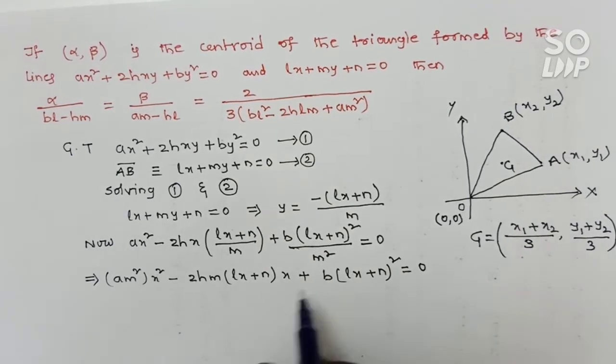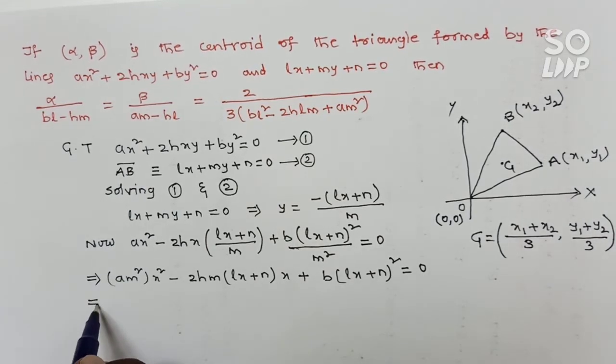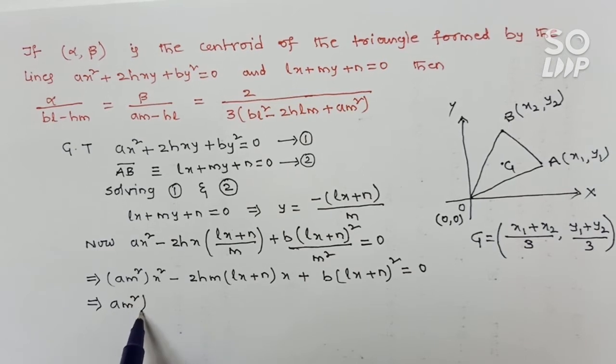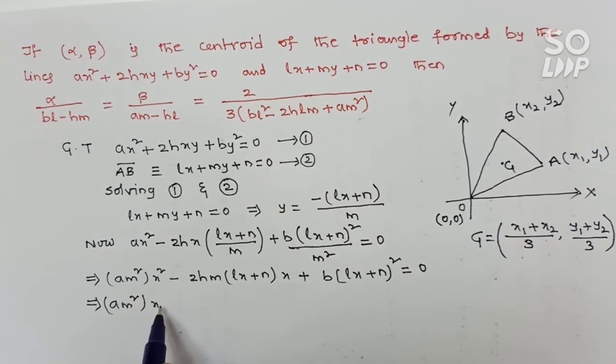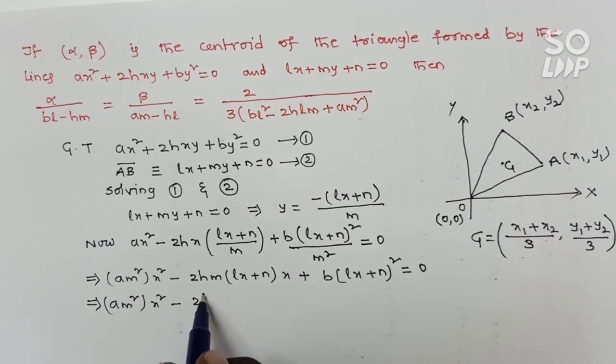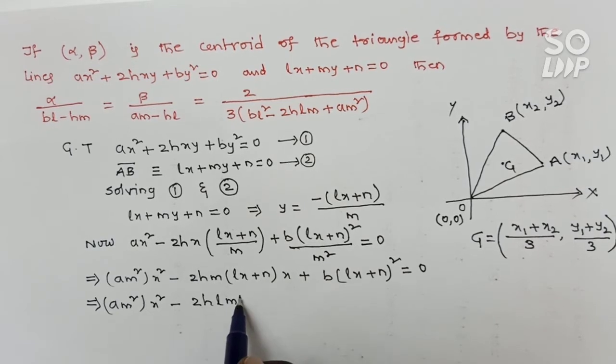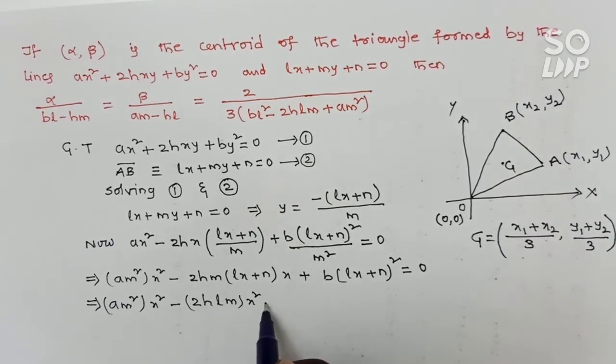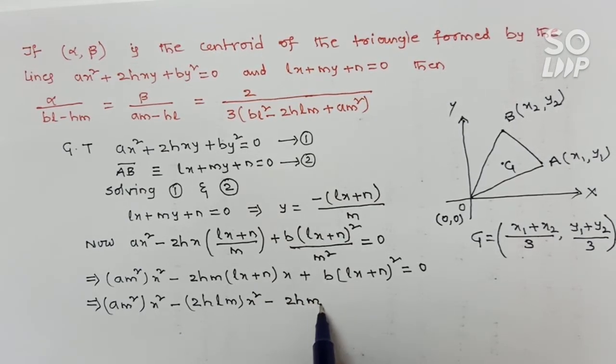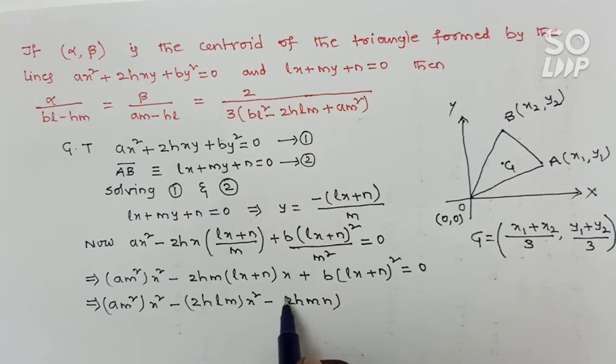By simplifying this equation, you observe: a m square x square minus 2h L m x square minus 2h m n x.